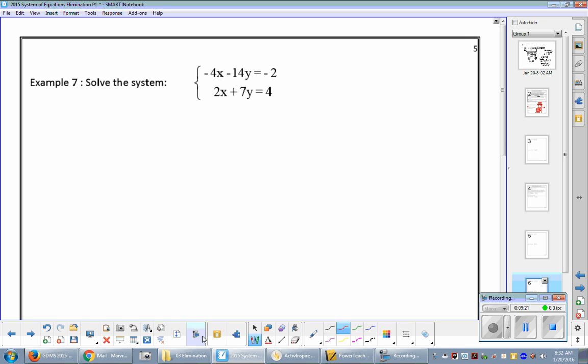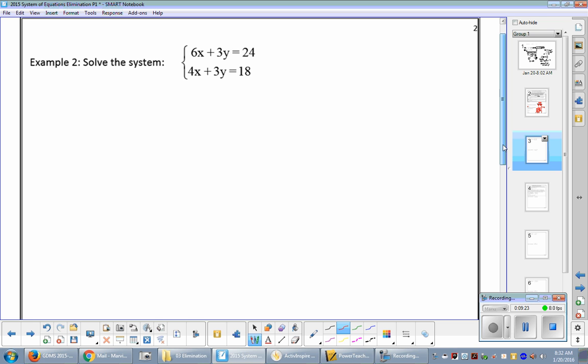When you subtract, make sure that you subtract each term. So we'll have 6x minus 4x, which will give us 2x. 3y minus 3y will give us 0, and that's what we want.